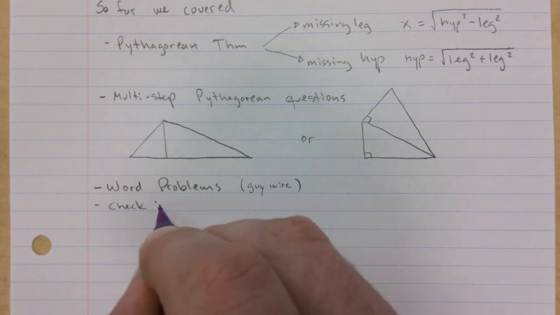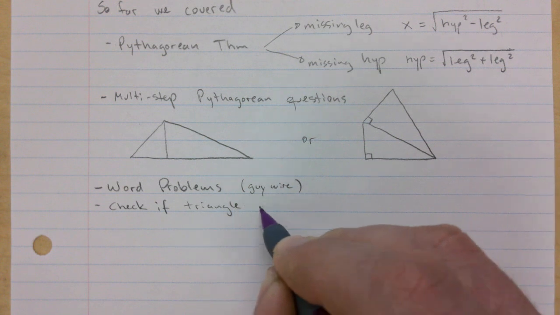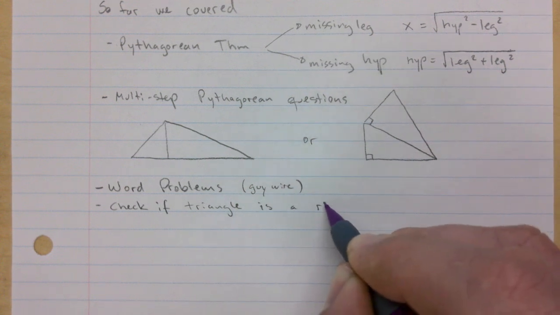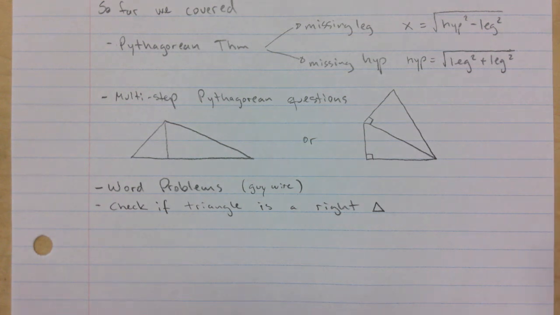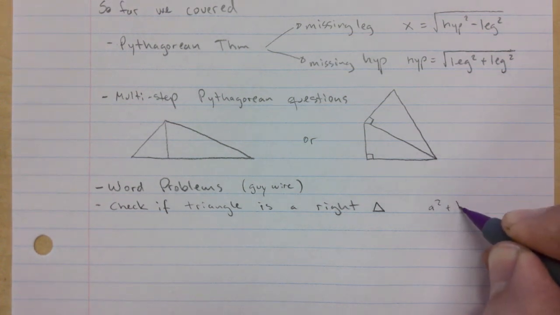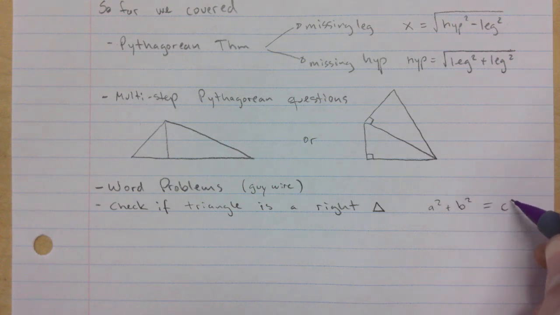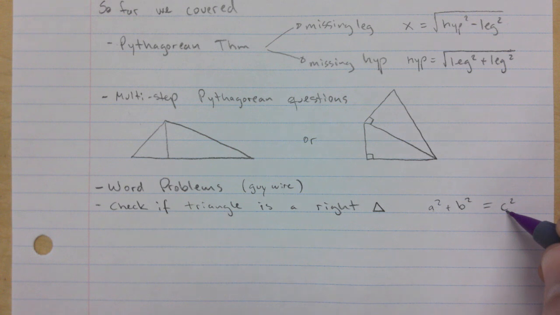We also checked if a triangle is a right triangle. I don't know if you remember that, but you basically are checking if a squared plus b squared is in fact equal to c squared. If you plug in all the values and both sides aren't equal, then it's not a right triangle, right?